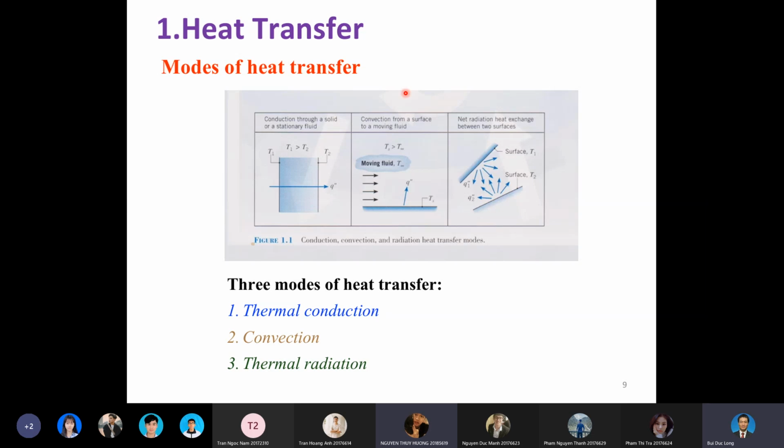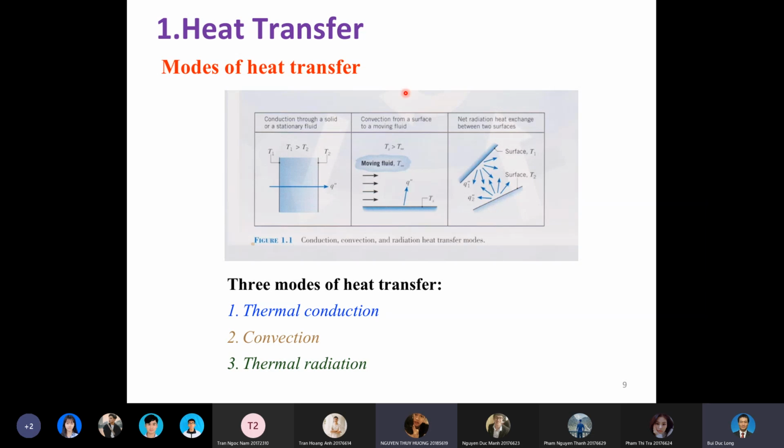Do you know why this happens? Because hot water is lighter than cold water, so it floats on the surface.